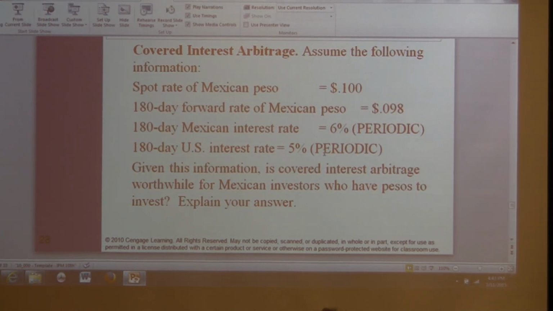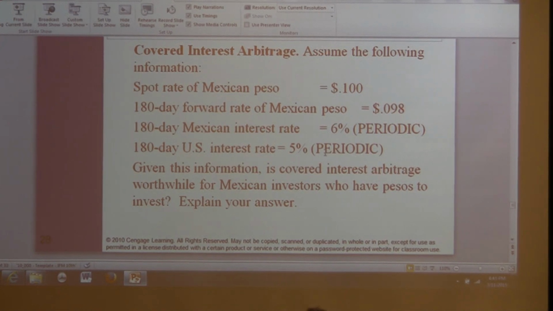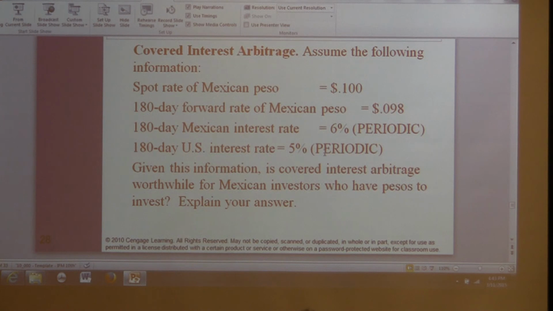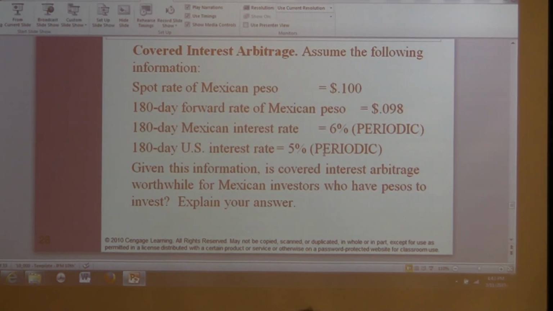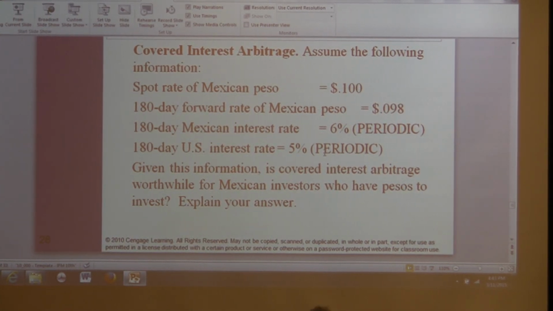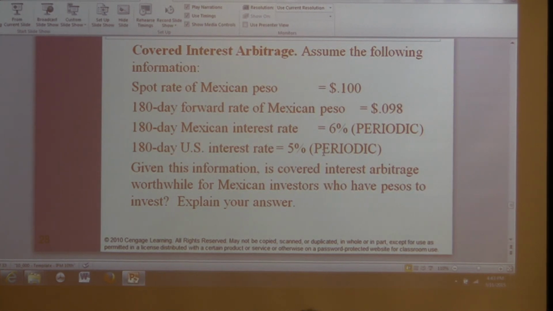As far as the textbook is concerned, it says that whenever it's overvalued, somebody in the US makes profit, and whenever the forward contracts are undervalued, like you see here, somebody from abroad can make profits. But I told you, it doesn't have to be like that. It could be a bank or a company.